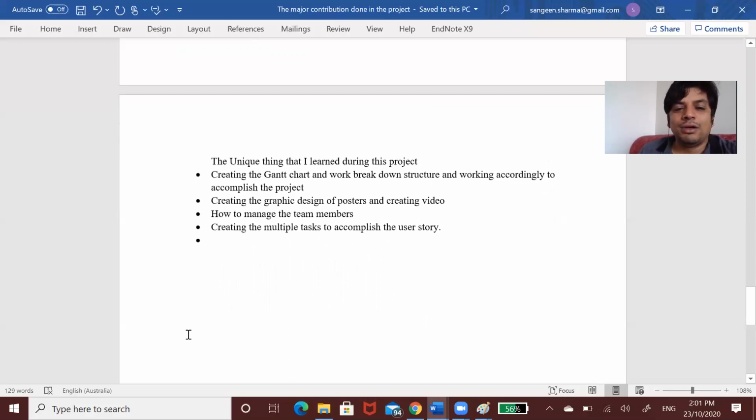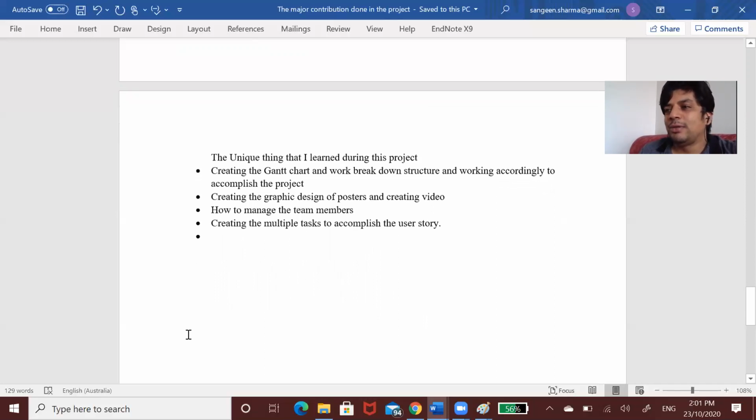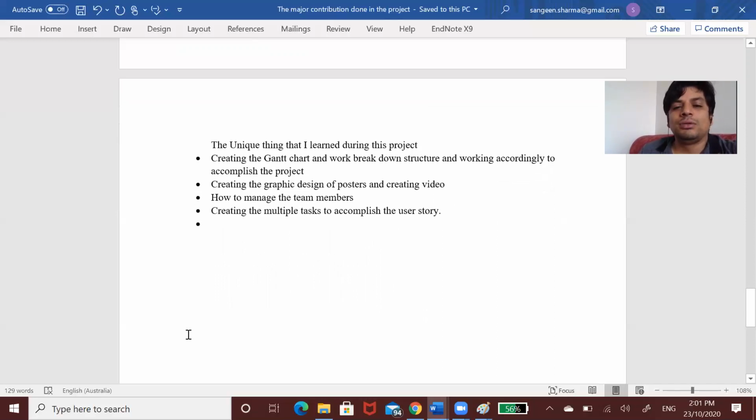And I learned how to manage the team members, as there were some issues in the beginning, but these issues were managed later on by talking to my lecturer and my tutor, and by creating multiple tasks to accomplish the user story.